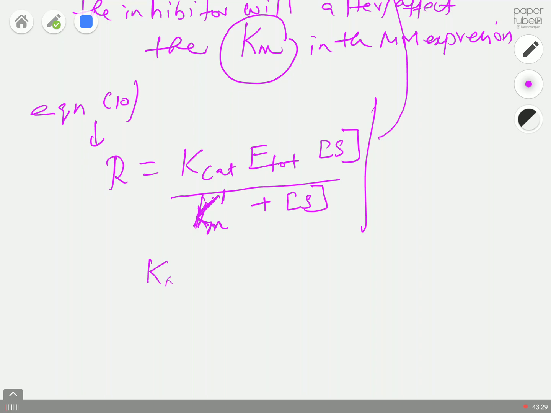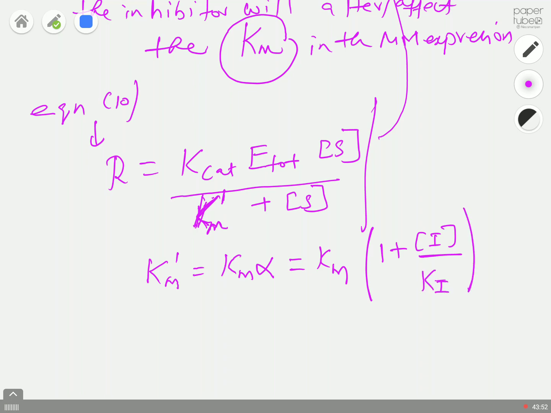So Km dash is equal to Km multiplied by alpha. We know what the alpha value is from equation, what's that equation? It is equation 7: 1 plus inhibitor concentration divided by inhibition constant Ki.